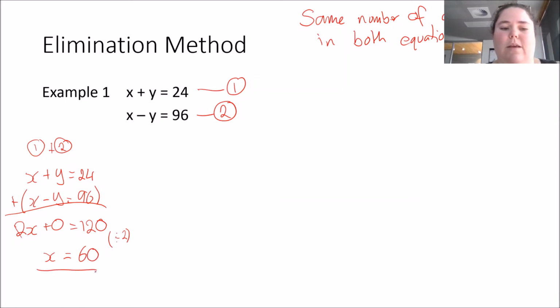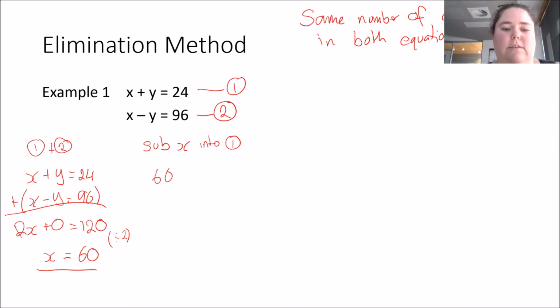Alright. Don't forget you then need to solve for the other variable. In any one where you're trying to find a point of intersection, you need two answers. So then we would sub x, let's go into 1.